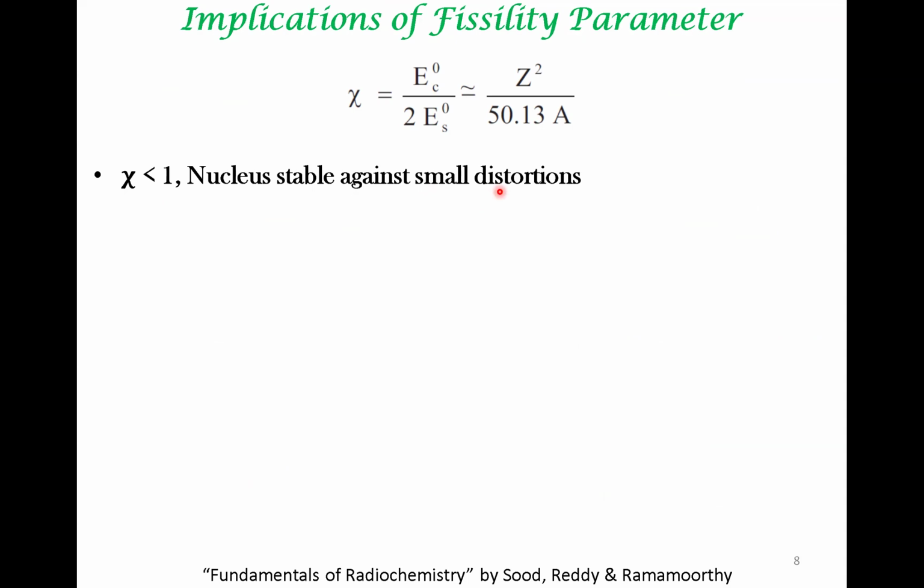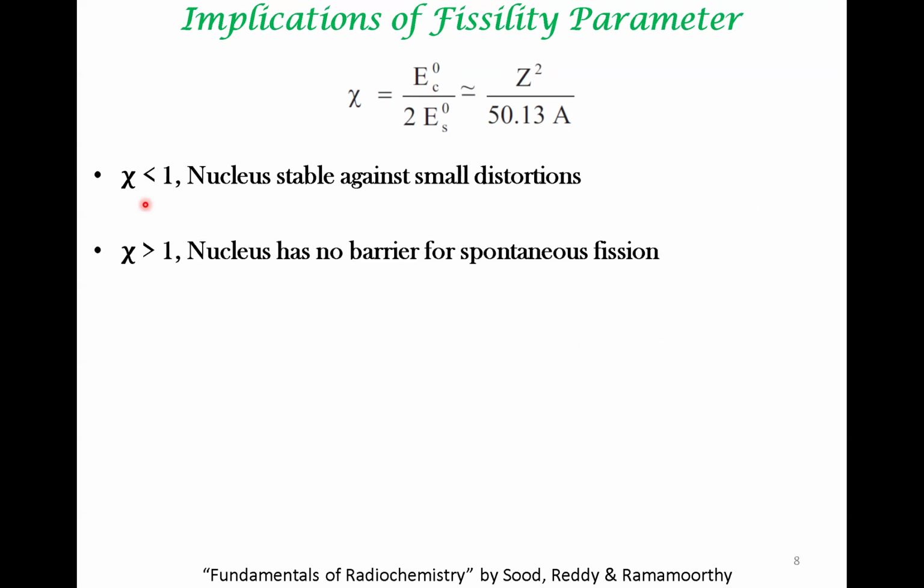There are fluctuations from spherical shape. But if chi is less than 1, the non-spherical fluctuation dies down and the nucleus reverts back to a spherical shape. In contrast to that, if chi is greater than 1, the nucleus has no barrier for spontaneous fission.